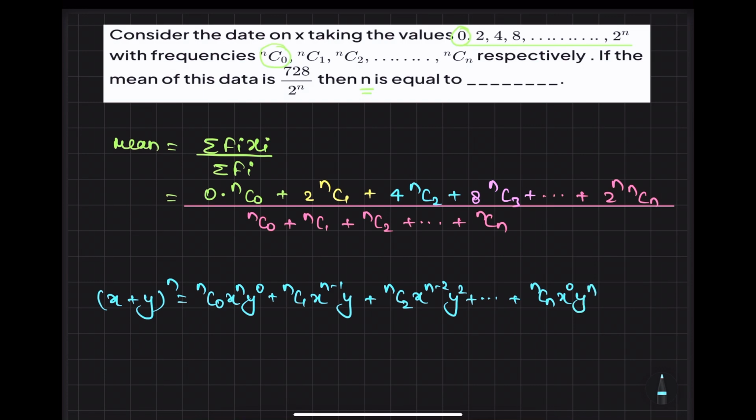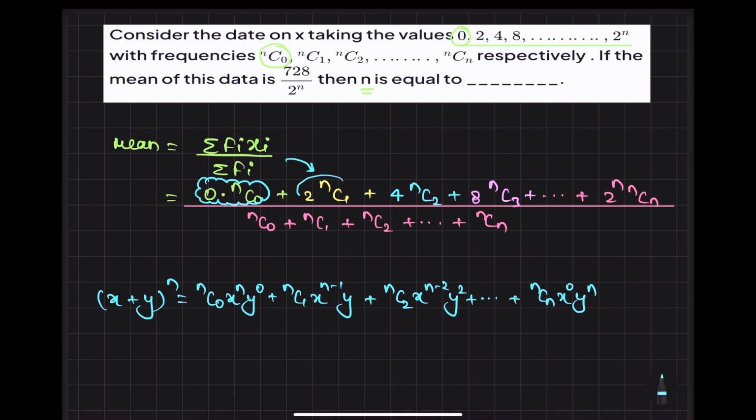So just focus on the numerator part and look at this. This part is 0. Okay, and look at this thing. So it is nC1. X we don't have. Look at the lower subscript of C and the power of y. It is the same. Lower subscript of C and power of y are the same.